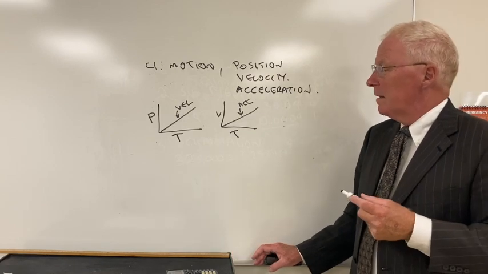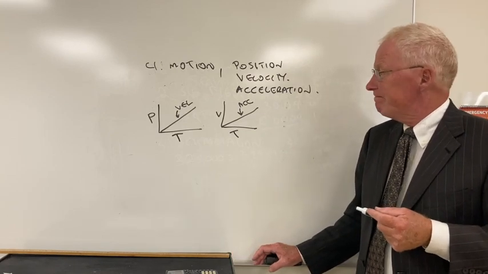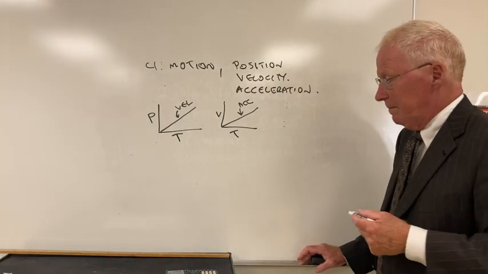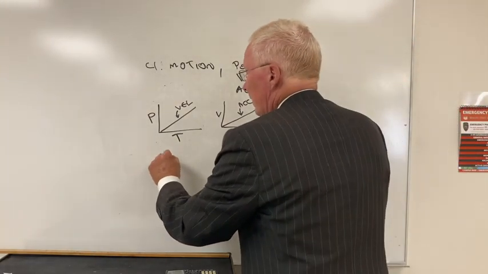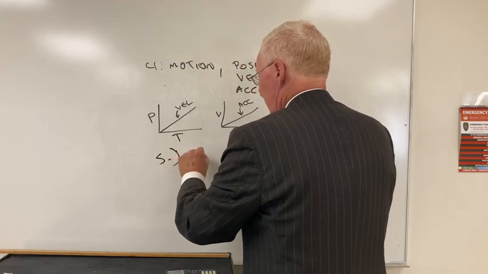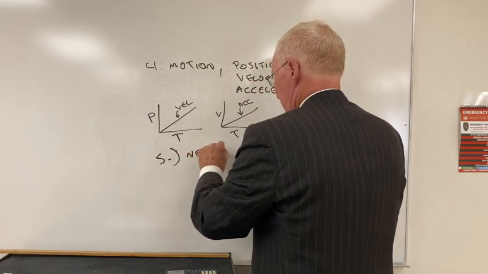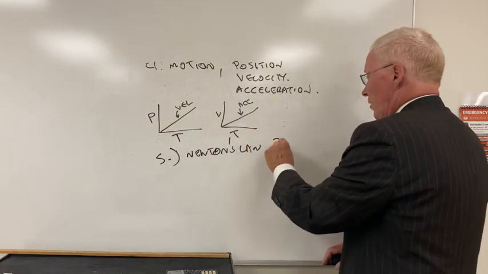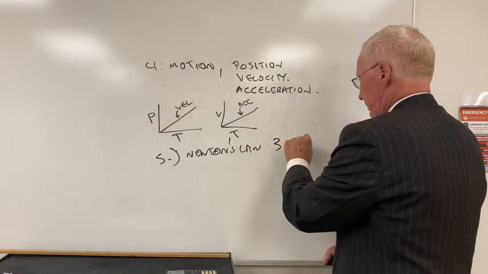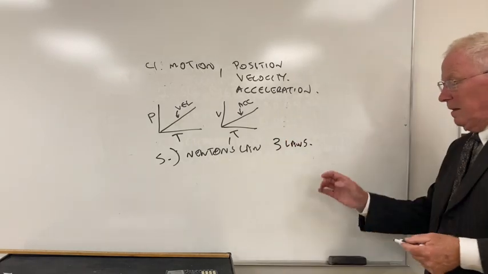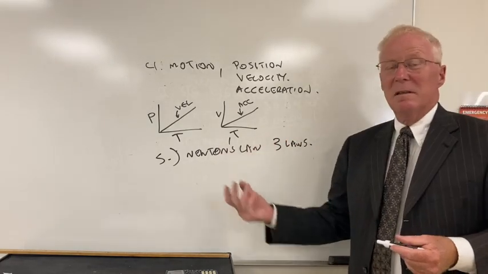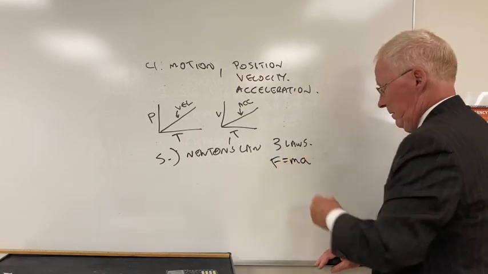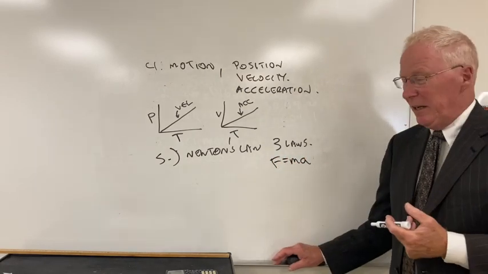And I'll get to that in a little bit. We also have Newton's laws. So there are 3 laws of motion: inertia, F equals ma. Again, you'll see this in the lab handout.